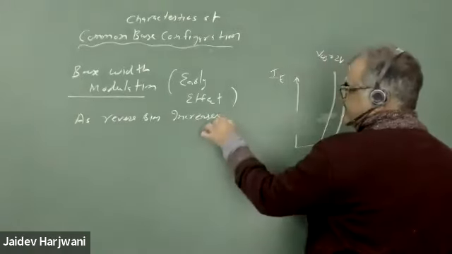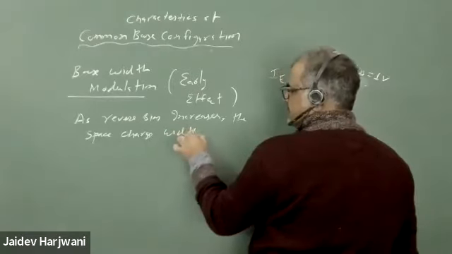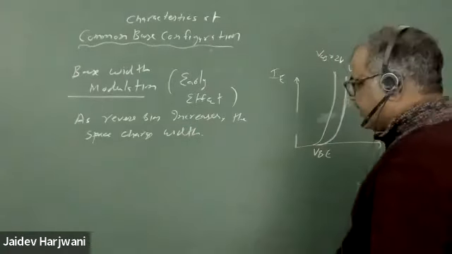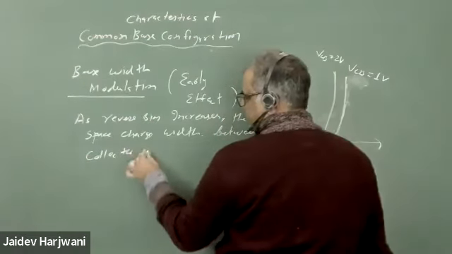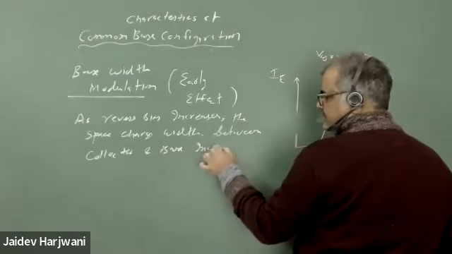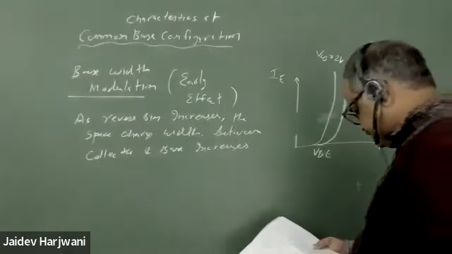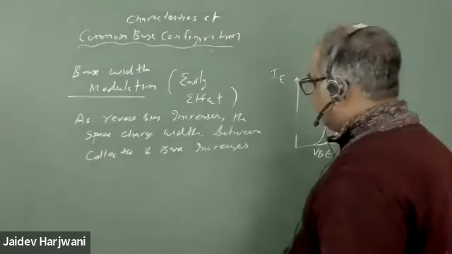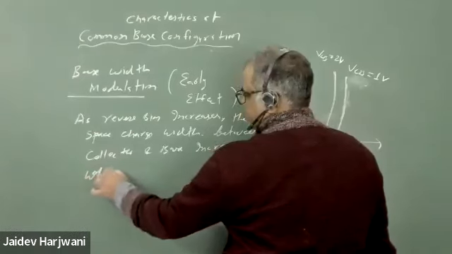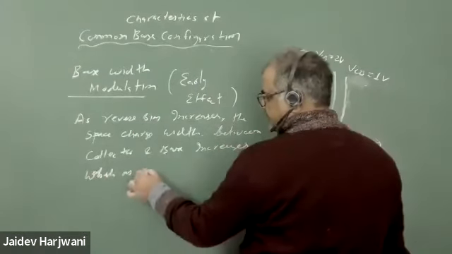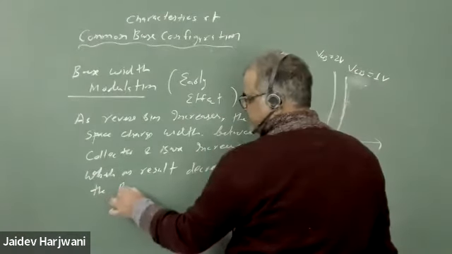As reverse bias increases, the space charge width between collector and base also increases, which decreases the base width. As a result, the base width decreases.